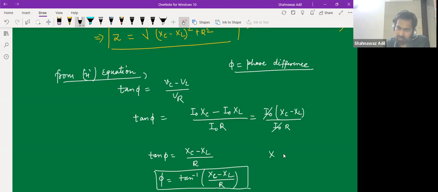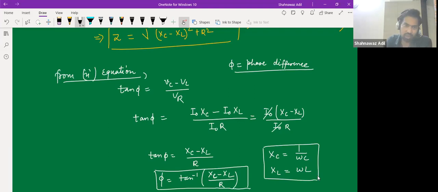And XC we already know that is 1 over omega C. XL we know that is omega L. So please note down this part.